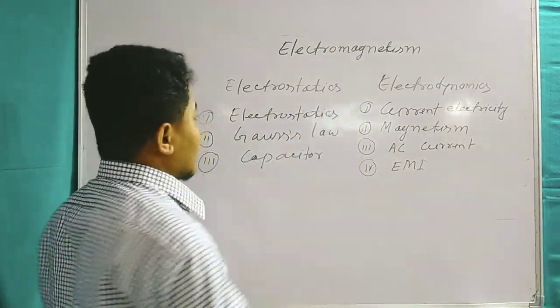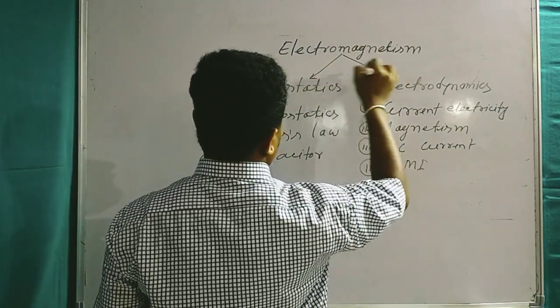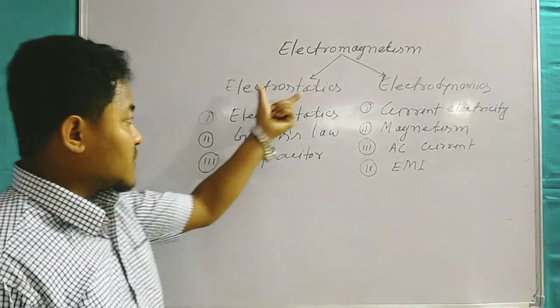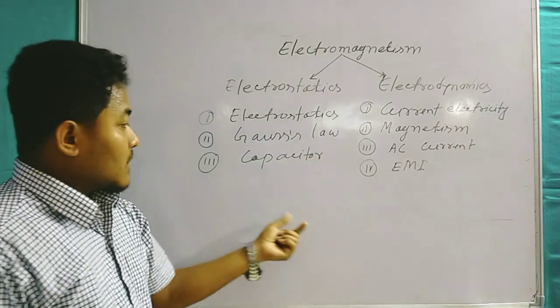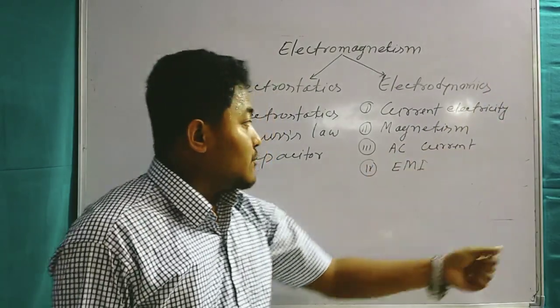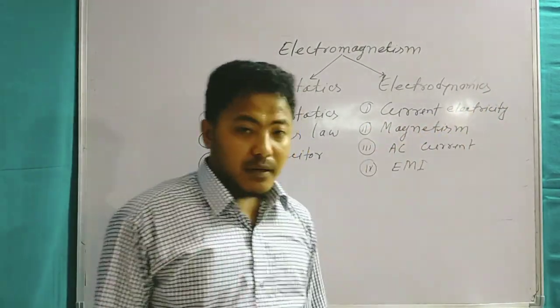Basically, if we classify electromagnetism, we get two parts: electrostatics and electrodynamics. In electrostatics, you will have electrostatics itself, Gauss's law, and capacitor. And in electrodynamics, you will have current electricity, magnetism, AC current, EMI.